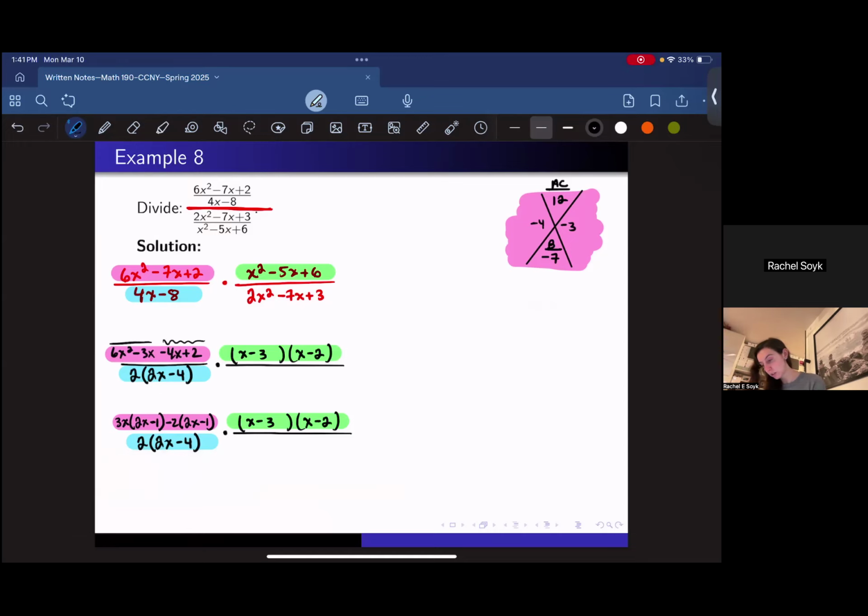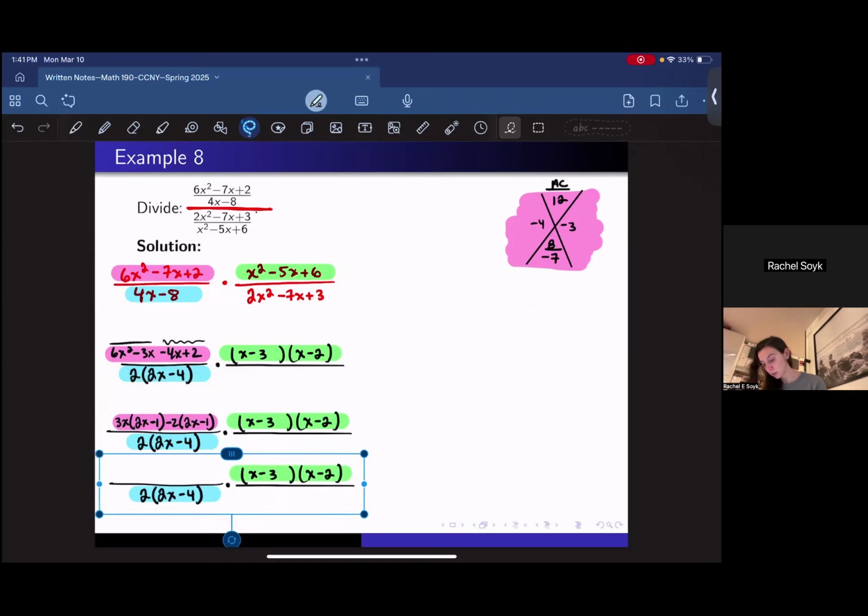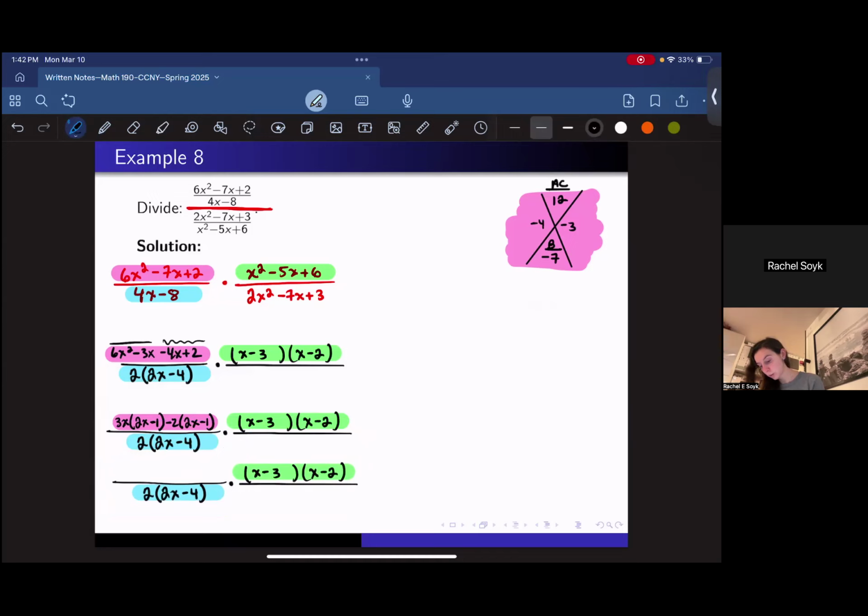And so now we can factor out that 2x minus 1. And so we're left with 3x minus 2 and that 2x minus 1. Coming along.